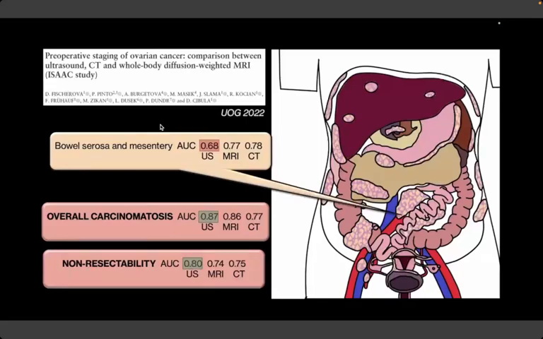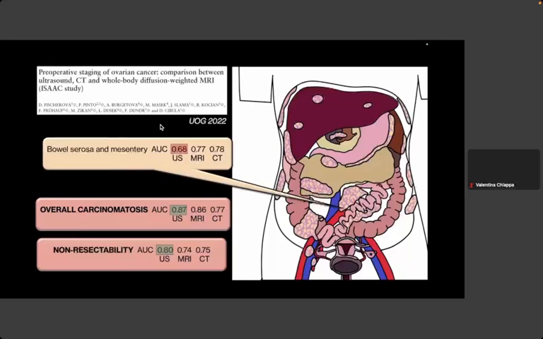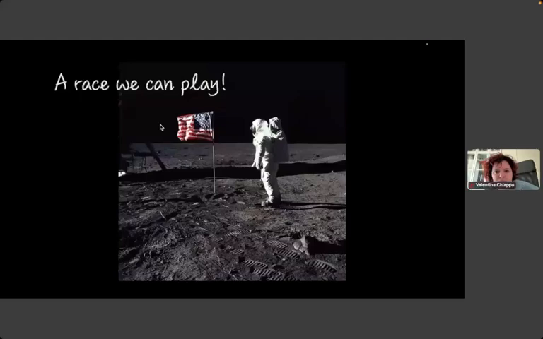However, overall, ultrasound has proven to be not inferior to the other imaging modalities for predicting the non-resectability of the tumor. So, this is a race we can play.